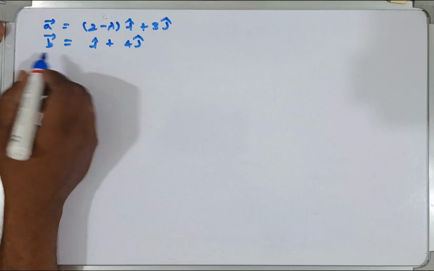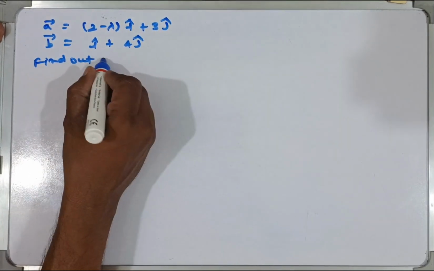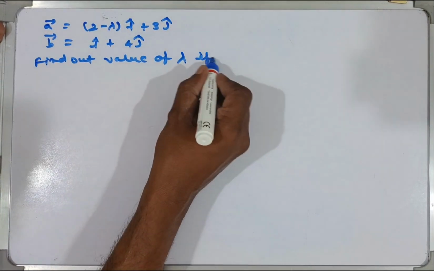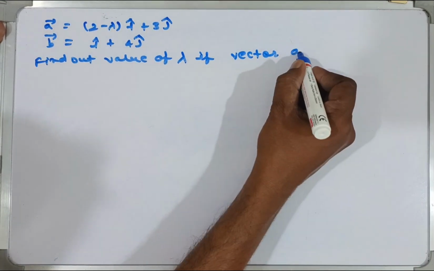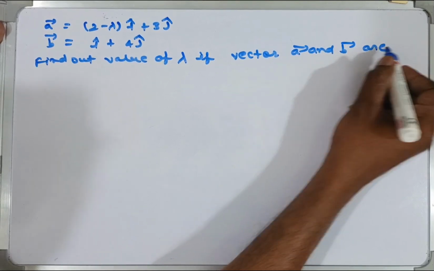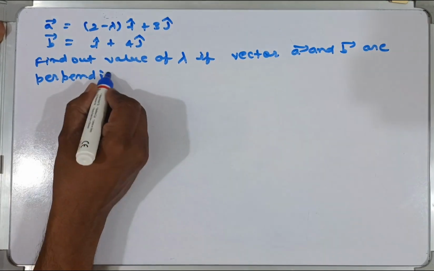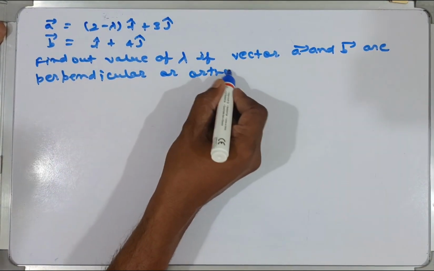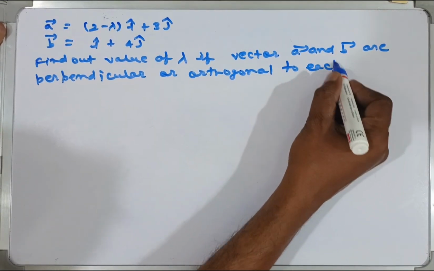Find the value of lambda if vectors A and B are perpendicular or orthogonal to each other.